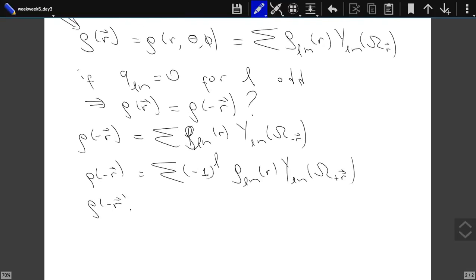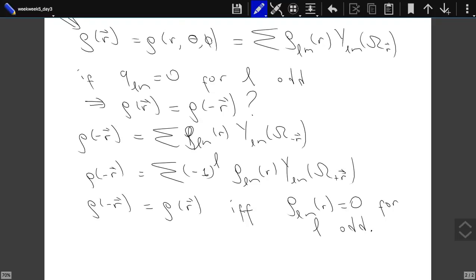So rho of minus r is equal to rho of r if and only if rho_lm of r is equal to 0 for l odd. If for l odd rho_lm is 0, then only the even l terms survive. For even l, minus 1 to the l is 1. So rho of minus r becomes rho of r. So this is definitely true.